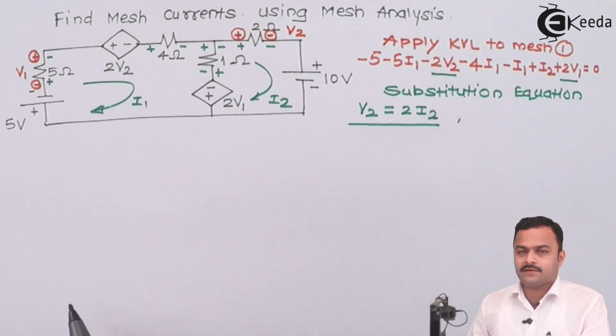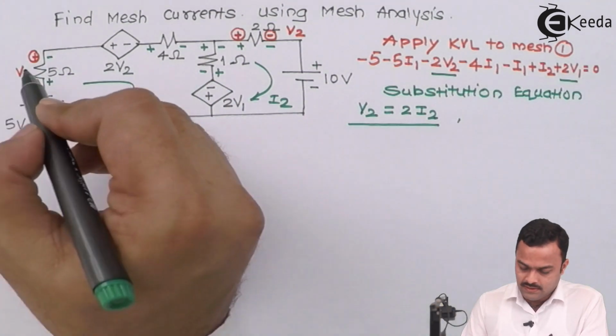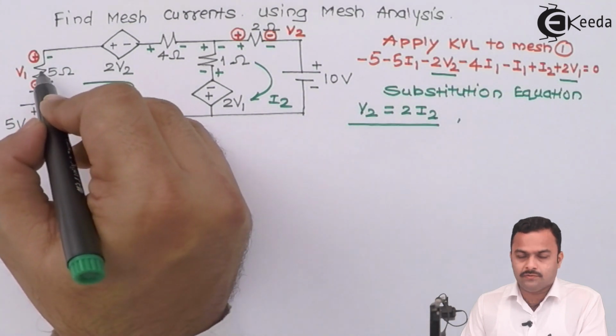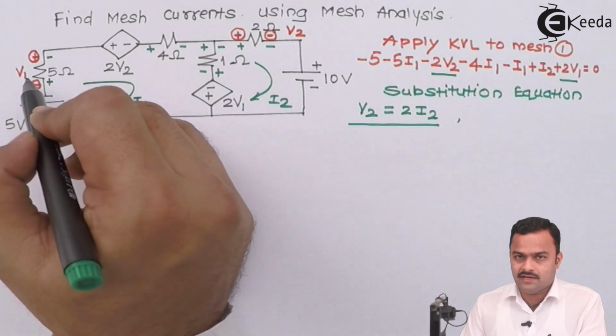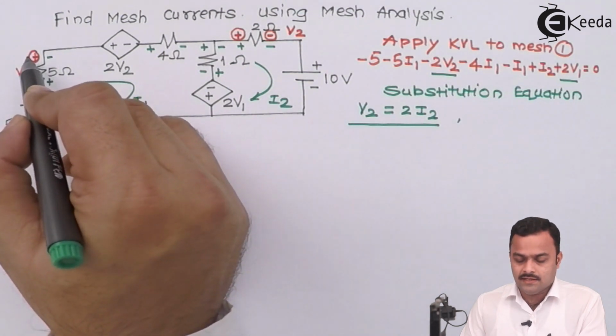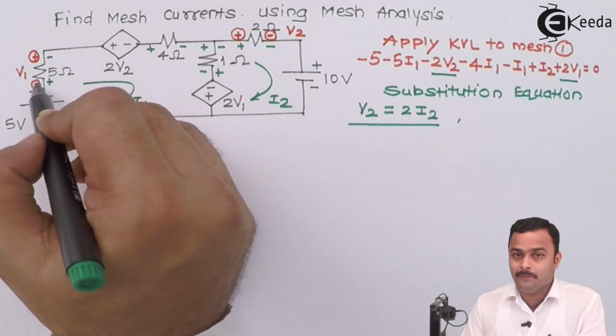Let's apply the same concept for V1 because we need a substitution for V1 as well. V1 is the voltage across 5 ohm, but if you see carefully, their polarity which I have encircled and our polarity with the green ink are mismatching.